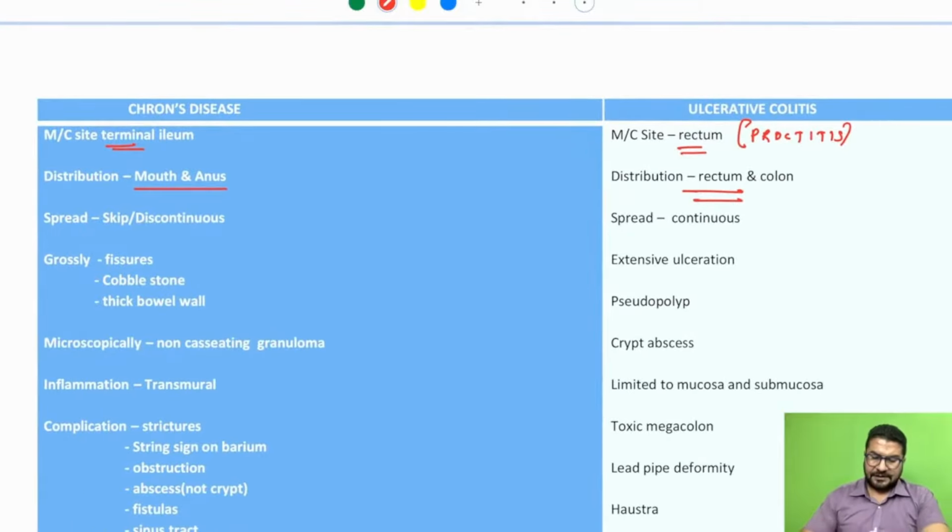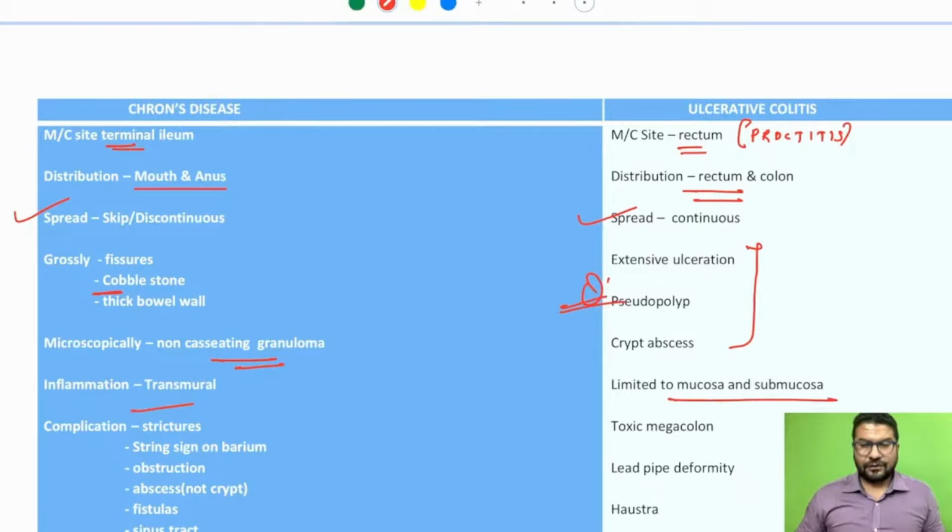In Crohn's disease you will see skip lesions. Here you will see continuous lesions. You can see fissures, cobblestone appearance, non-caseating granuloma. Here you can see extensive ulceration, pseudopolyps, crypt abscess. Inflammation is transmural in Crohn's. Here it is limited to mucosa and submucosa.